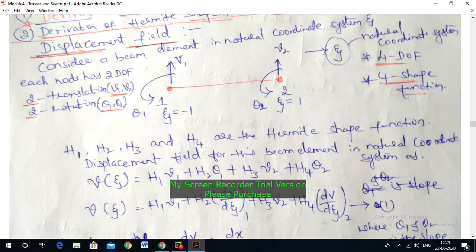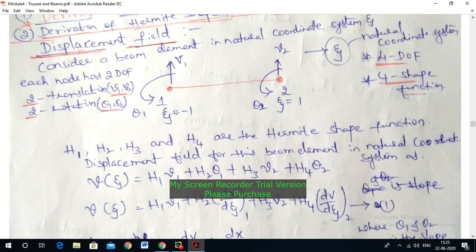For node 1, V1 is the translation motion and theta 1 is the rotation. The second node also has 2 degrees of freedom, V2 and theta 2. V2 is the translation motion in this direction, and theta 2 is the slope, the rotational motion.